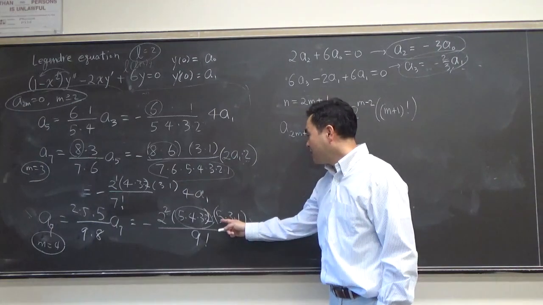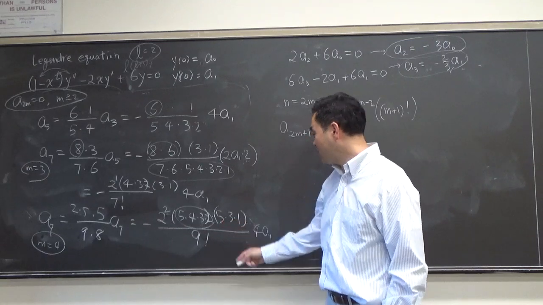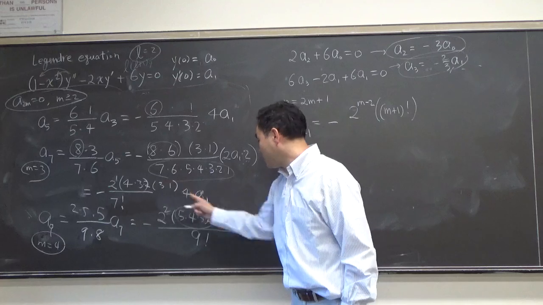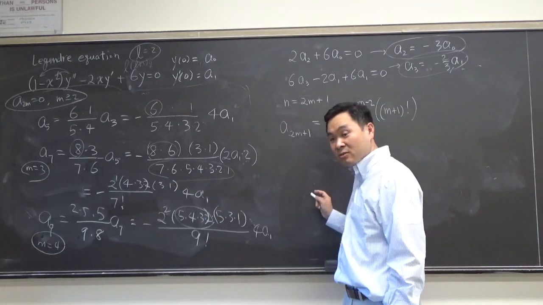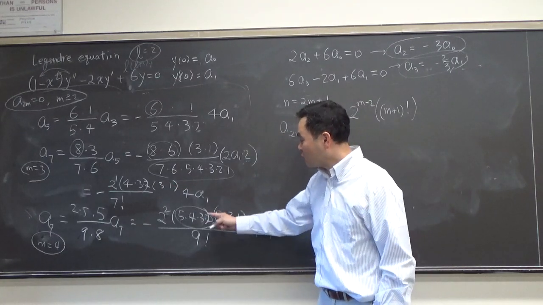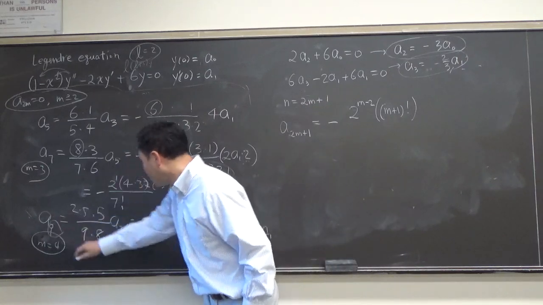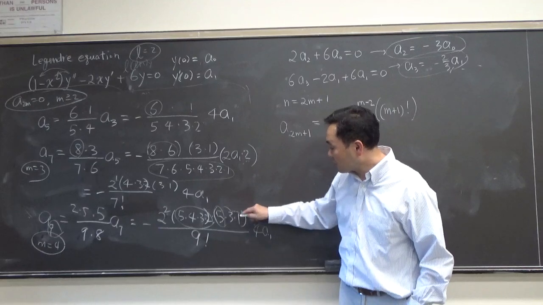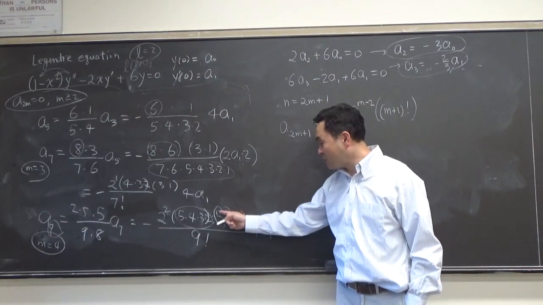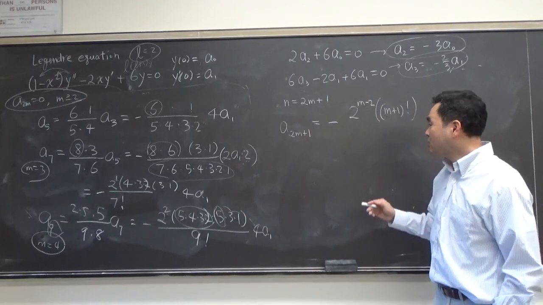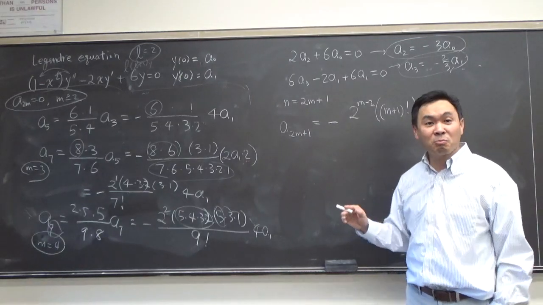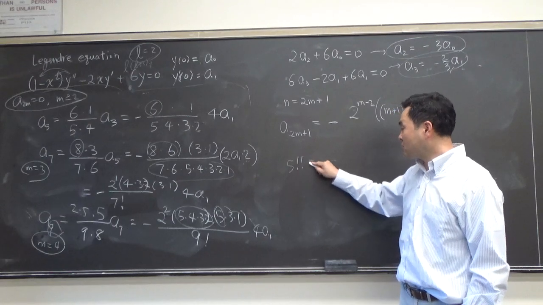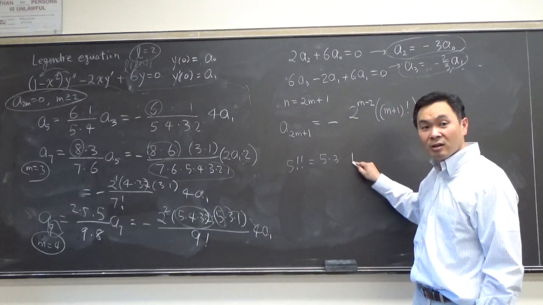All right, and then this one seems to be increasing by 2's, right? So the next one will be 7. So this one's not related to m, but this number here. It's always 4 less than this. And another thing is it's decreasing by 2, right? So there's a separate notation called a double factorial. If you have 5 double factorial, that means it's 5 times 3 times 1.